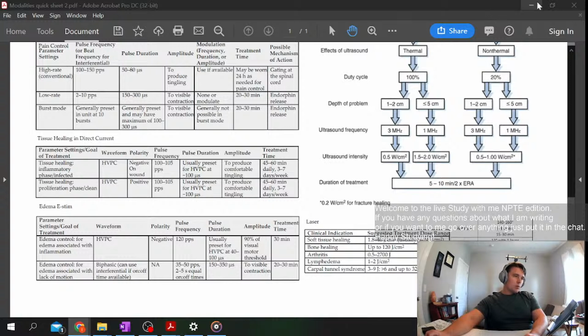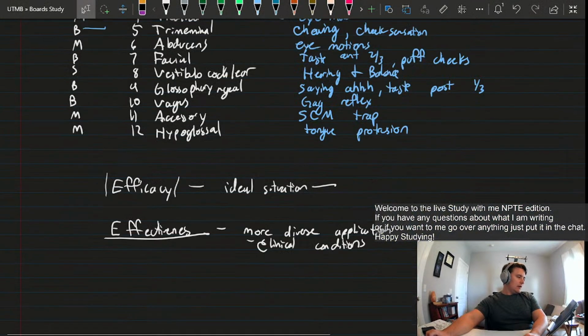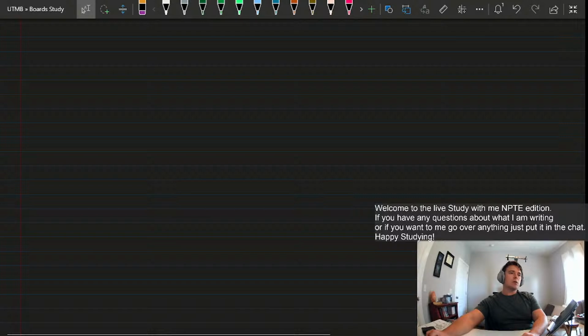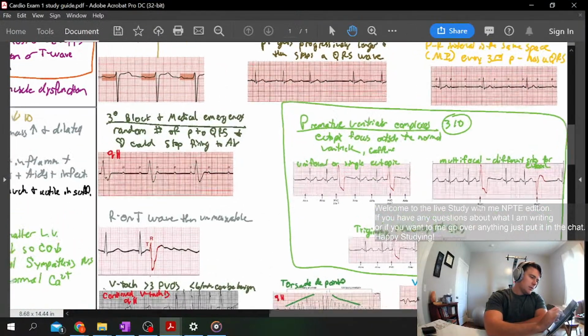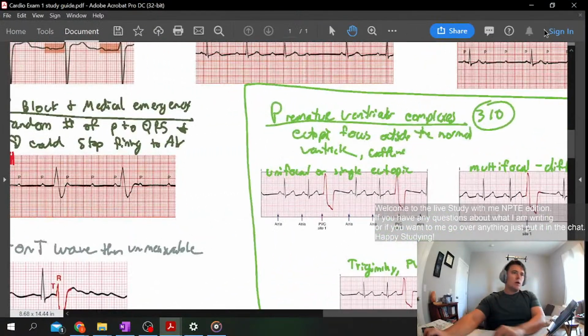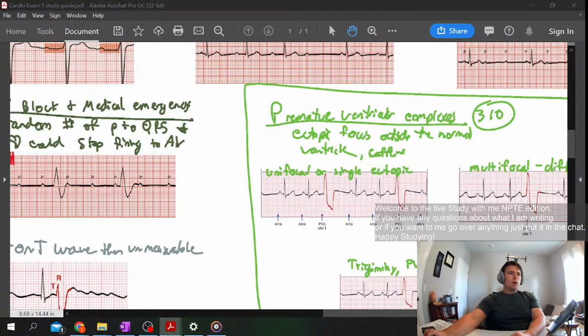So we're going to continue going down the EKG rabbit hole with my study guides here. So as you can see, your PVC here. I have a book called Rapid Interpretations of EKGs. I don't know if there's an ebook out there for it, but I highly recommend it if you're just getting into the PT program or anything like that. But this far in, you wouldn't even have time to get it.